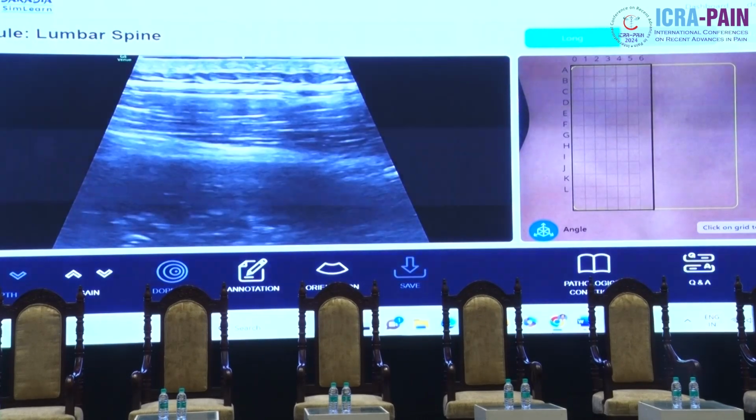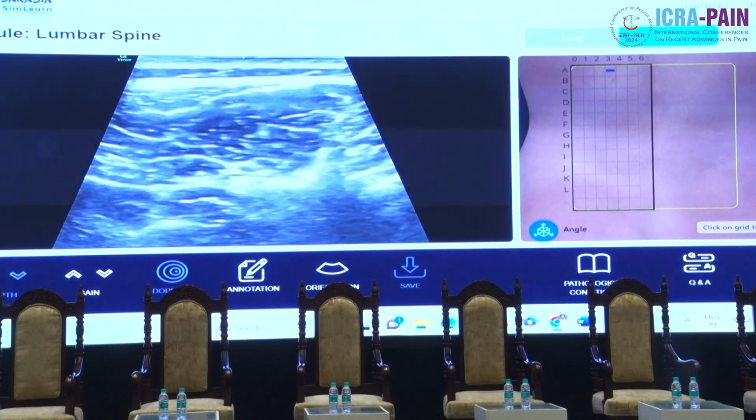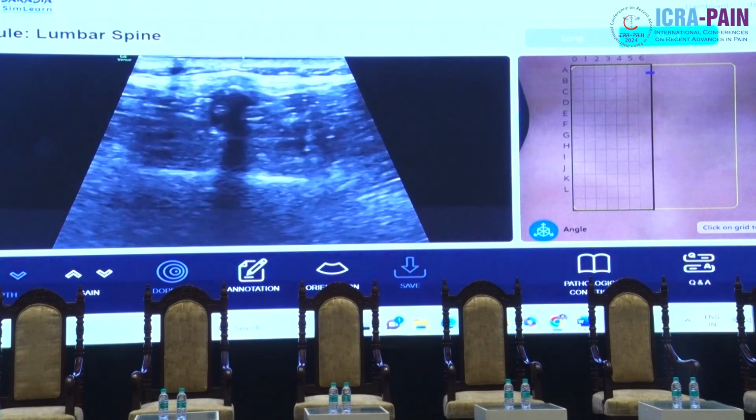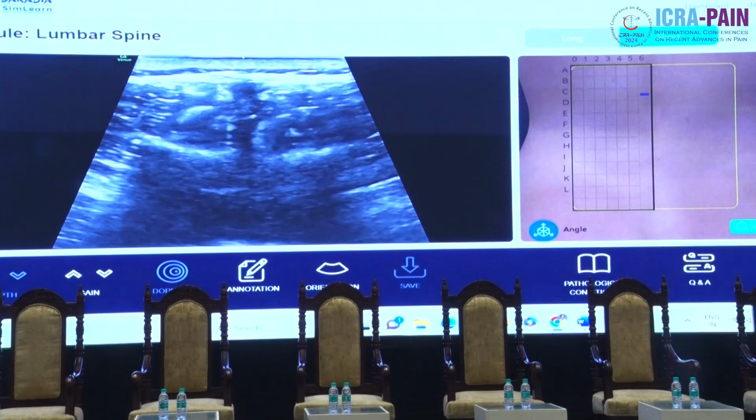So now I'm putting the cursor in the short axis. And the orientation is changed. Okay? So I'm coming from here. Sorry. Let me freeze it here. So, what is this? Spinous process?